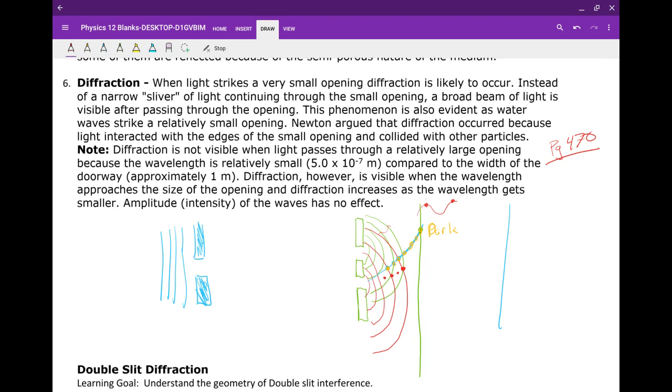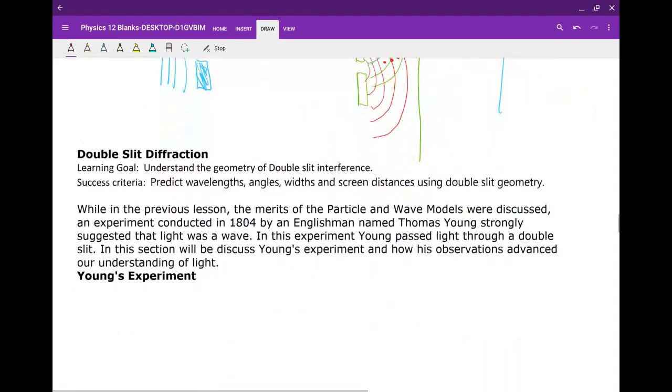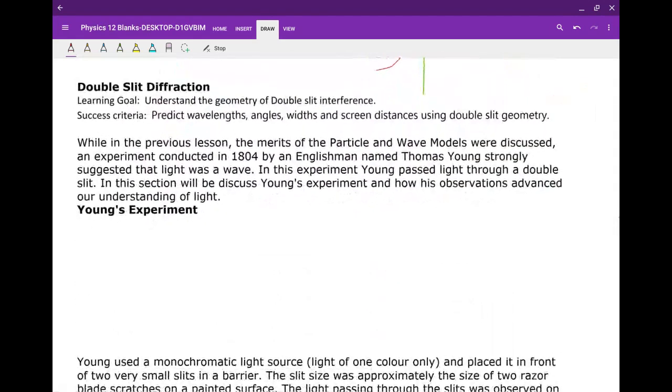And all of these locations where you have crests and crests or troughs and troughs would be bright on the paper. So it would be bright and dark, bright and dark, bright and dark all across the paper. And as it turns out, it does happen this way. And as a result, you get this double slit experiment.